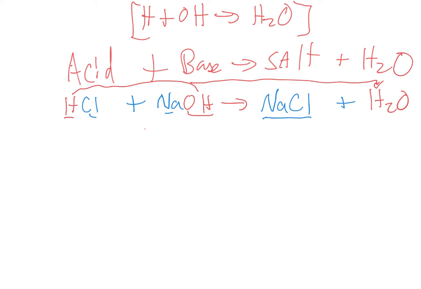So for any acid-base reaction, this is the basic format that all of them do. So anytime you mix an acid and a base, it's going to produce a salt and a water, okay? And so what happens is the acid and the base, whatever the molecules or ions are, they're just going to switch partners, shall we say.